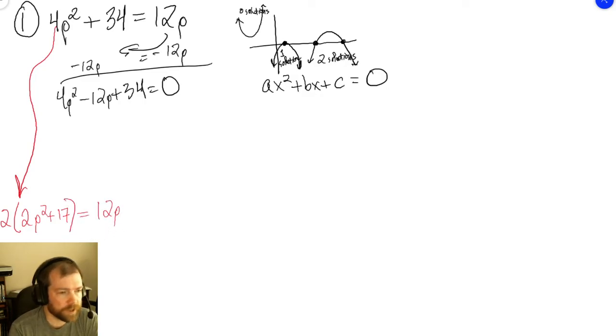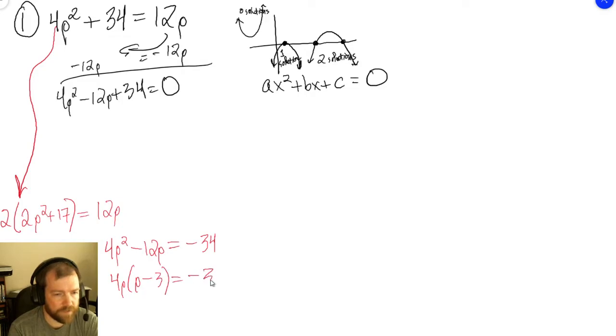Or alternatively, they'll turn this into 4p squared minus 12p equals negative 34, and then say that this is going to be 4p times (p minus 3) is equal to negative 34, and then say, okay, now I'm going to solve this.